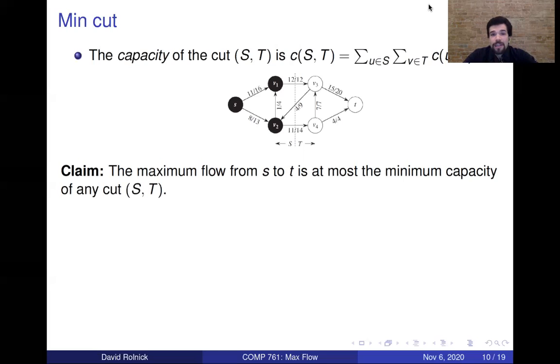And spoiler, we're actually going to prove that these things are equal, but we can prove that later, and it's more difficult.